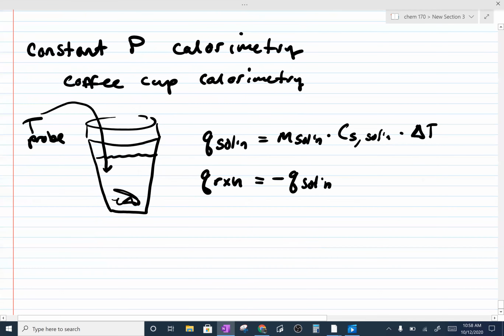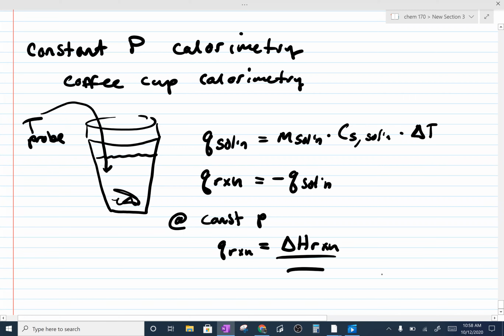And because this is at constant pressure, we can say that the Q reaction is equal to the delta H of the reaction. So just as we were measuring delta E for the reaction in the case of the bomb calorimeter, we're now measuring delta H for the reaction inside the coffee cup calorimeter.